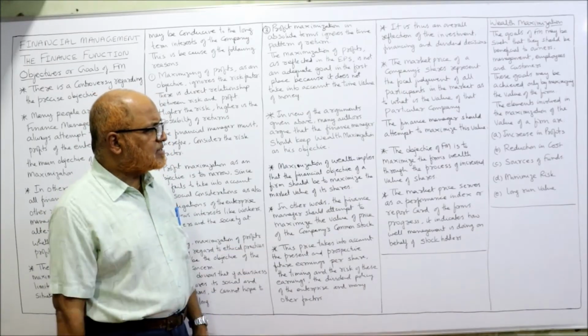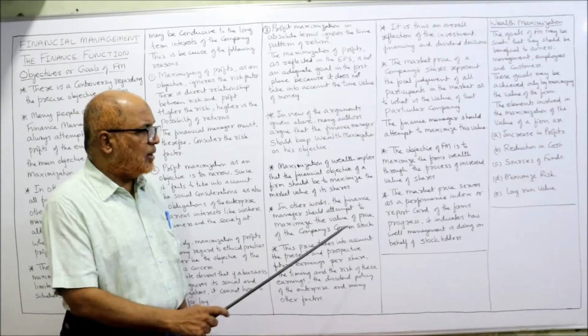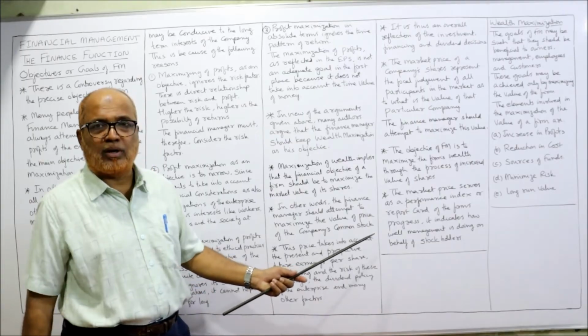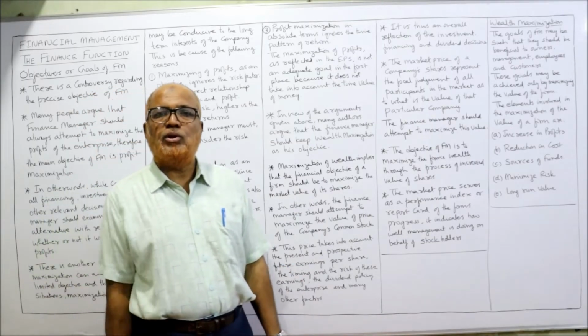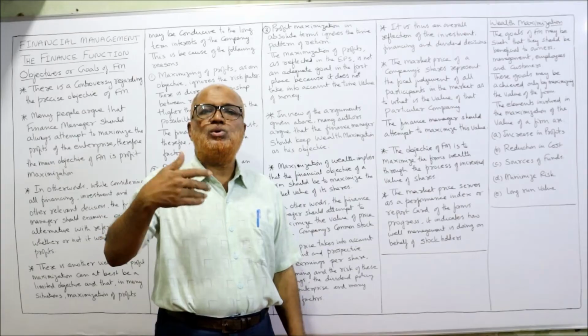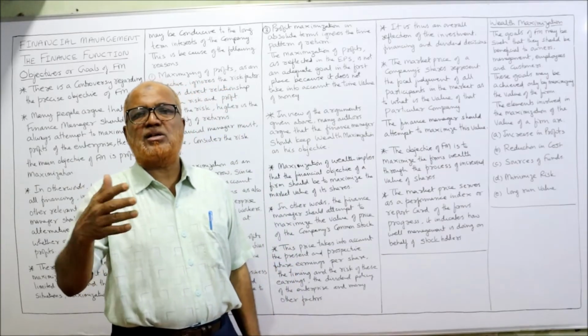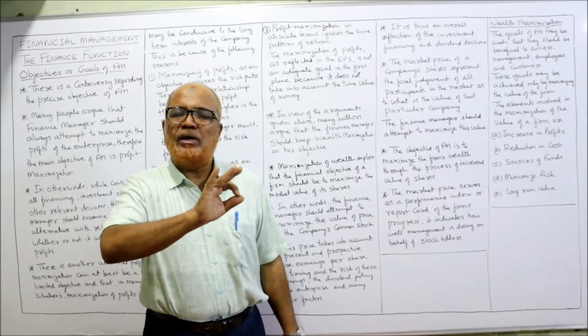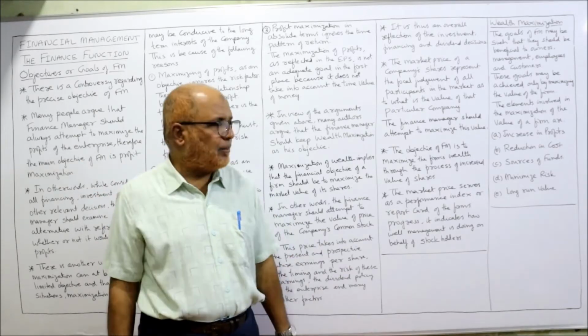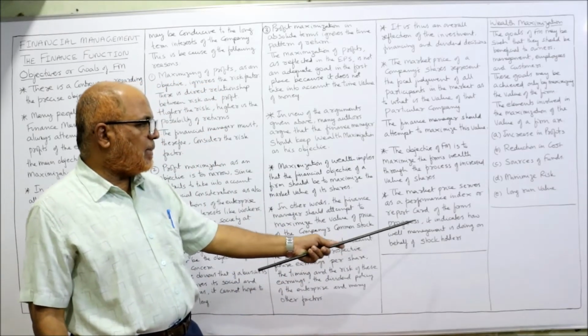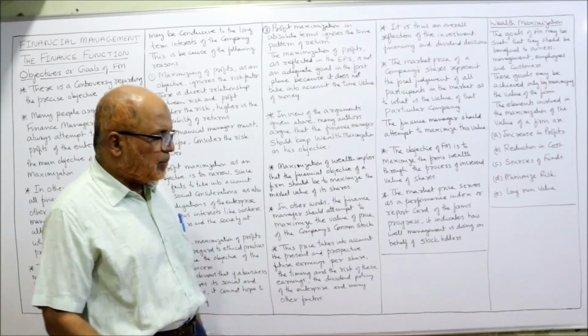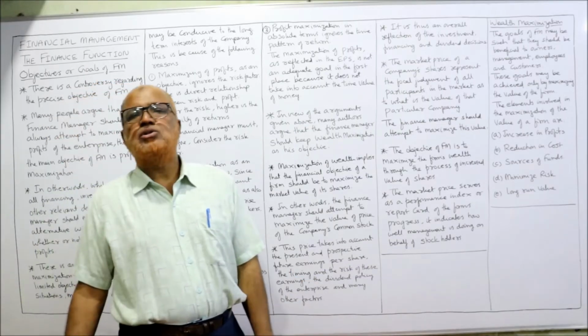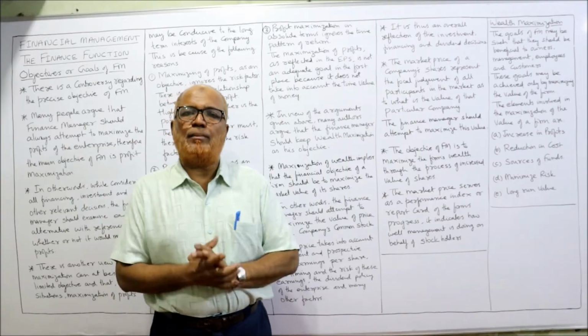The market price serves as a performance index or report card of the firm's progress. Just now I told you, we can see the performance index or report card by seeing the market price. The market price will tell everything about the company. It indicates how well management is doing on behalf of stakeholders. The business is run by the management.